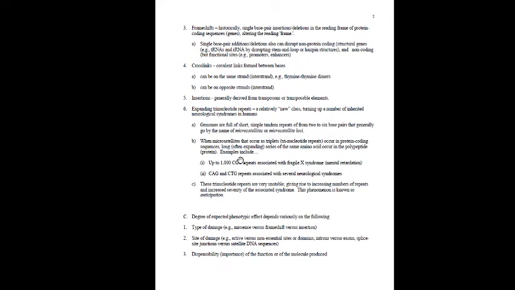For example, up to 1000 CGG repeats are associated with fragile X syndrome. CAG and CTG repeats are associated with several neurological syndromes. These trinucleotide repeats are very unstable, giving rise to an increasing number of repeats and increased severity of the syndrome. This phenomenon is known as anticipation.